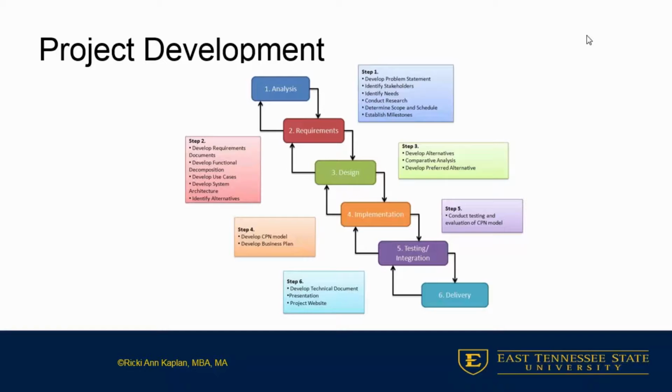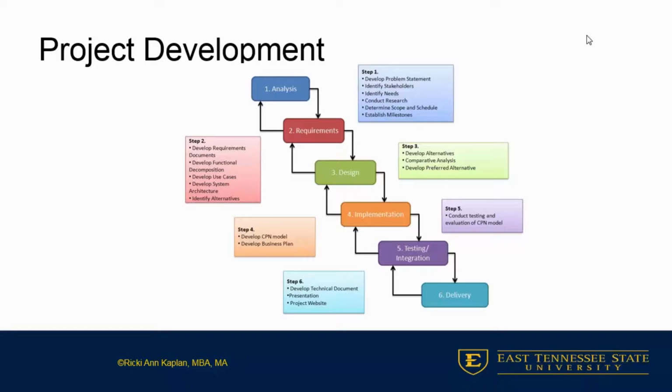Develop alternatives, comparative analysis, develop preferred alternatives, moving on to implementation. What's your business plan? Doing testing and integration, conducting testing on that, and delivery last: develop technical documentation for the presentation and a project website.